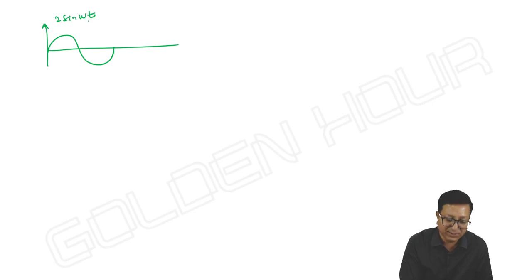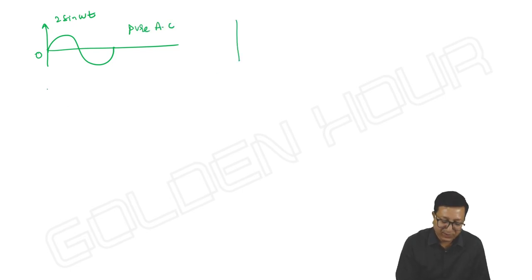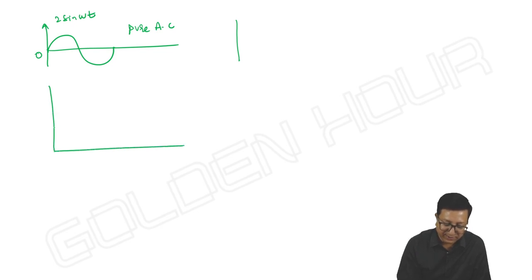See, suppose I have some sine wave like this. It is some 2 sin omega t. It is simply a pure AC signal. We know it is pure AC. Suppose I take a signal like this: 3 plus 2 sin omega t.